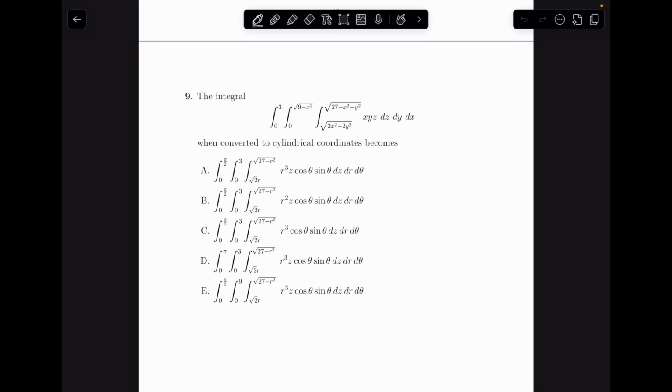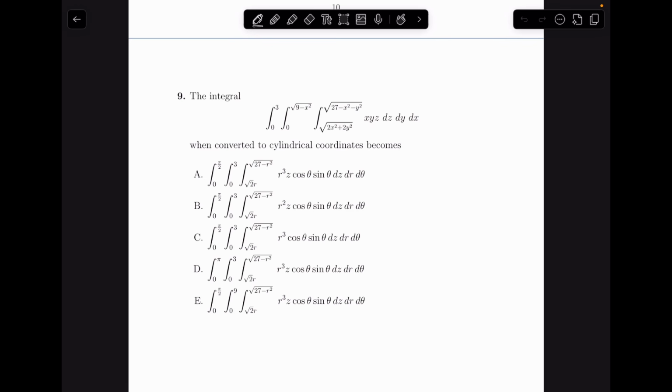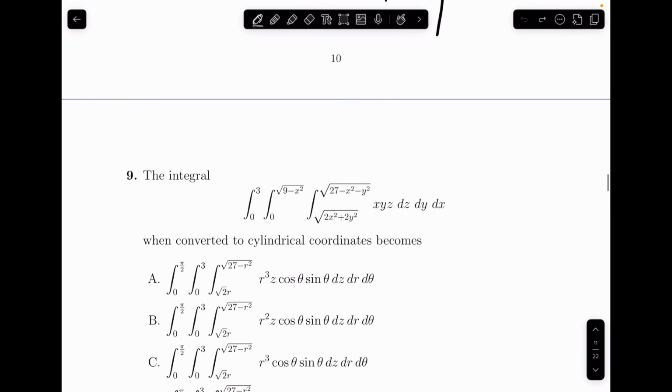But all right. I guess the most obvious first thing to do is notice that we have some sort of minus x squared minus y squared. So we can rewrite the top bound as just square root of 27 minus r squared, because we remember x squared plus y squared equals r squared in cylindrical coordinates.